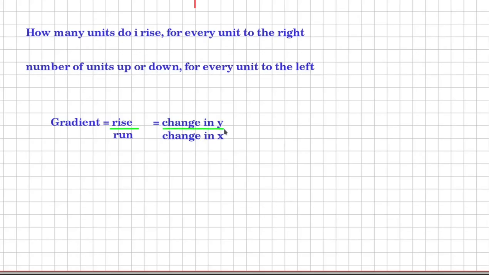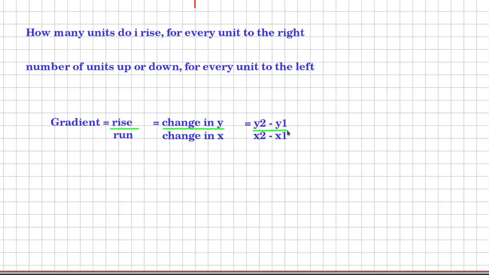Now from there, if you want to calculate a change between 2 points, it's always going to be the final destination, which we can call y2, minus the starting point, which we can call y1. And this will be over the same thing for x. So it's going to be your x2 minus your x1. And that is the formula we use for calculating our gradient.